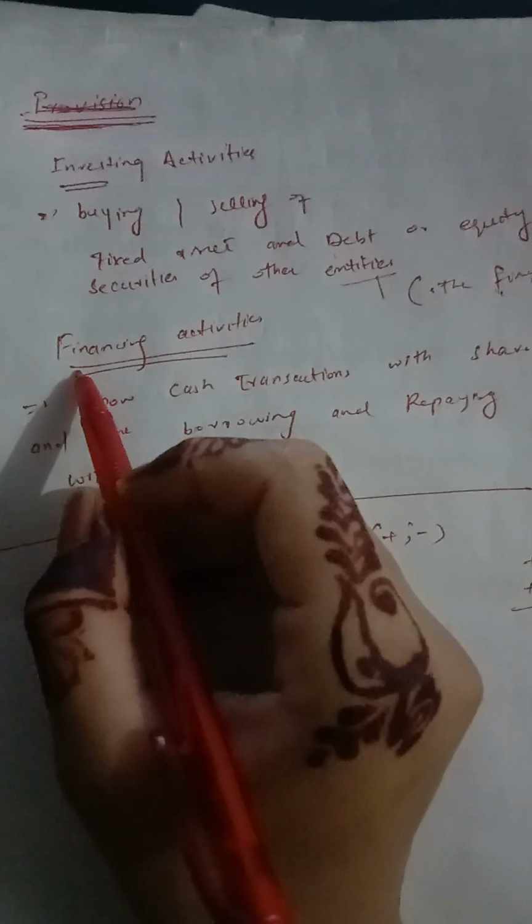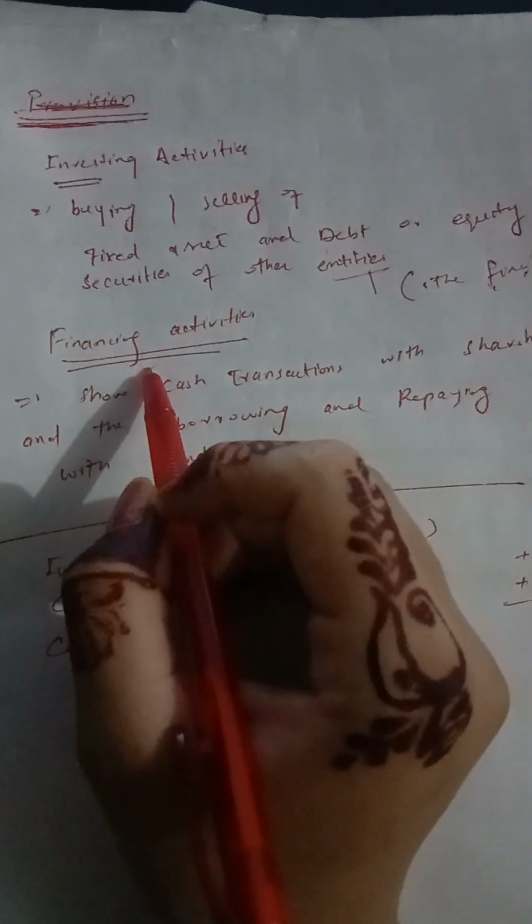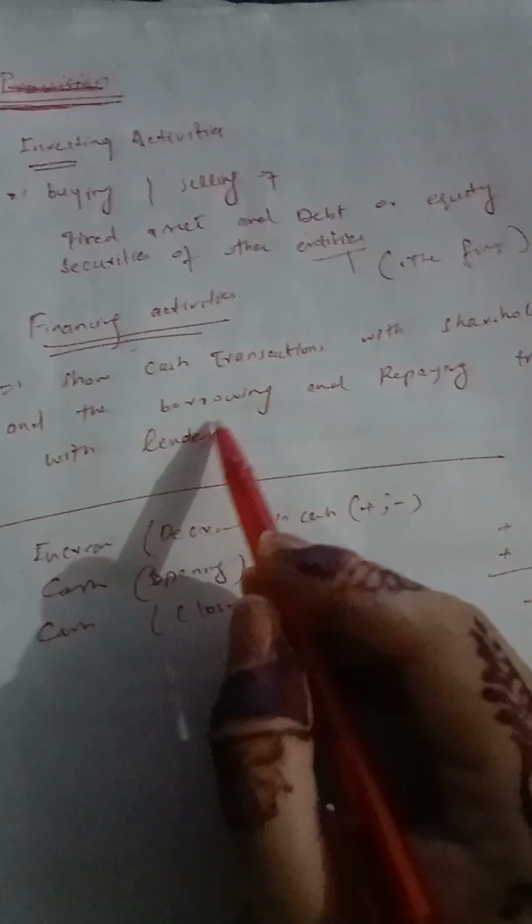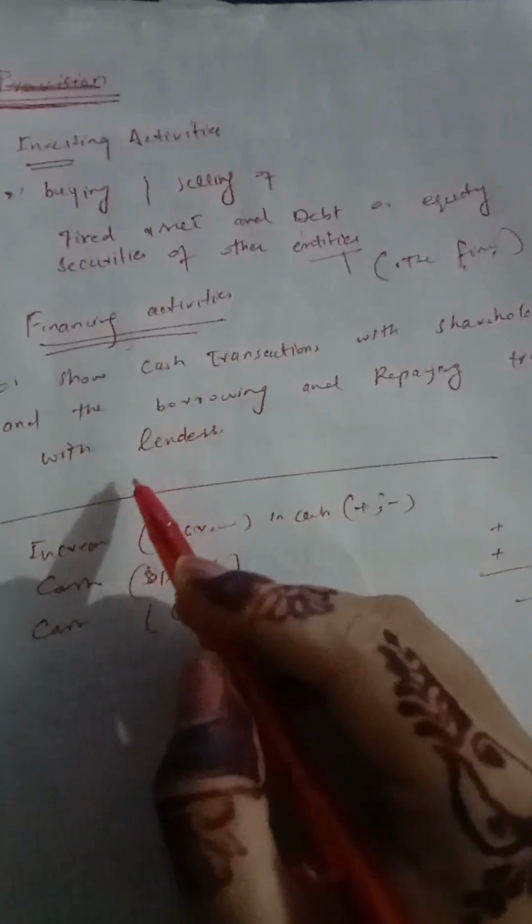And the next one is the financing activities. This is also very important. It shows the cash transactions with shareholders and the borrowing and repaying transactions with lenders.